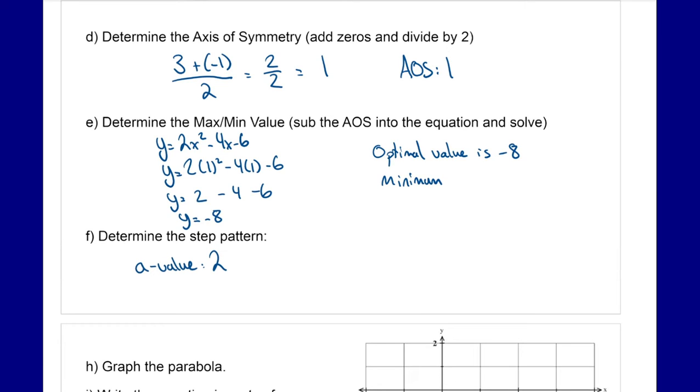This means that with the general form 1a, 3a, 5a for the step pattern, I do 1 times 2, 3 times 2, 5 times 2. So my step pattern would be 2, 6, 10. And that's going to help me when I graph my parabola, which I'm going to do.